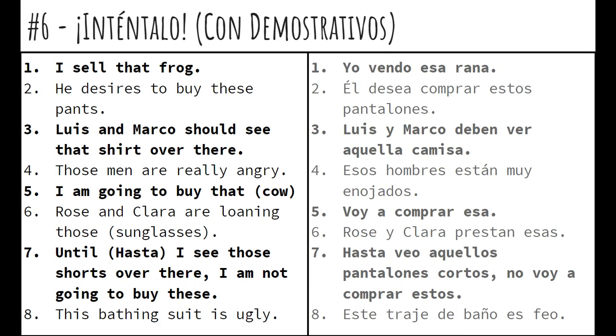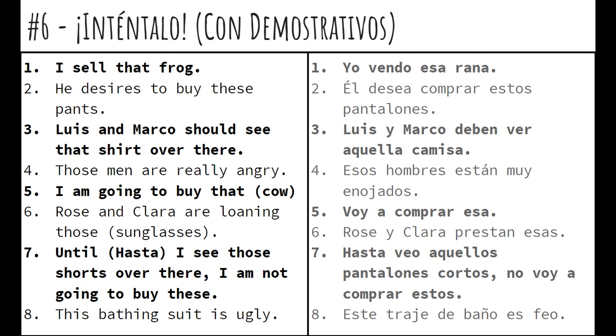All right, so here are our answers for number 1. You have yo vendo esa rana. Número 2, you have él desea comprar estos pantalones. Número 3, Luis y Marco deben ver aquella camisa. Número 4, esos hombres están muy enojados.